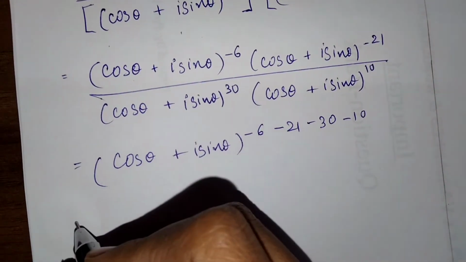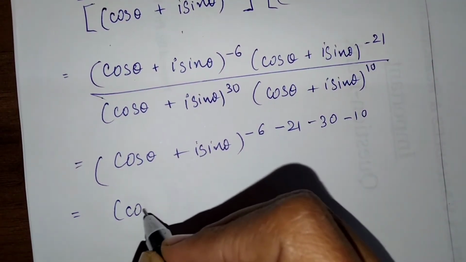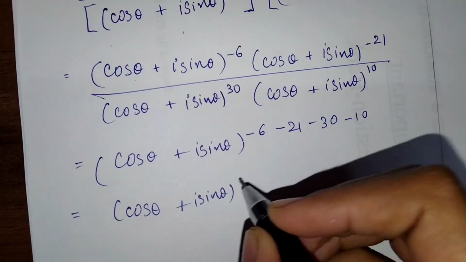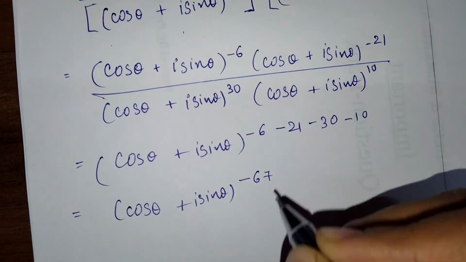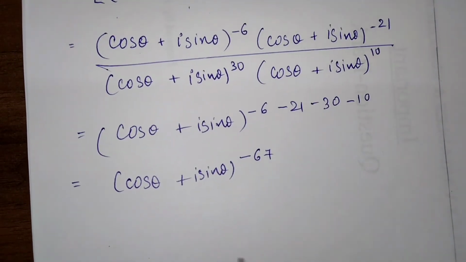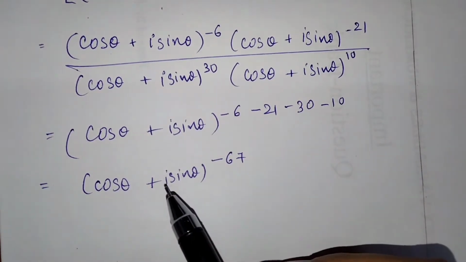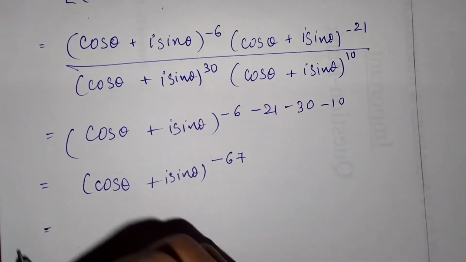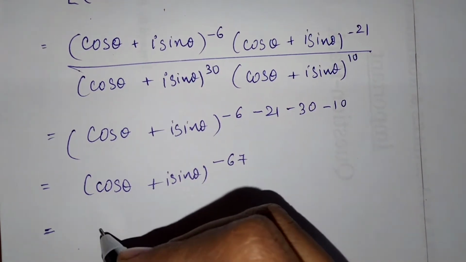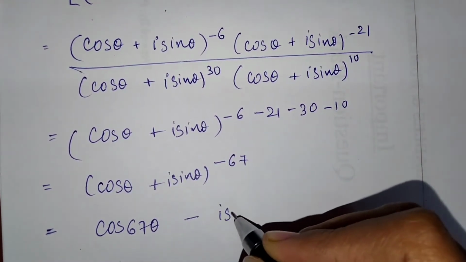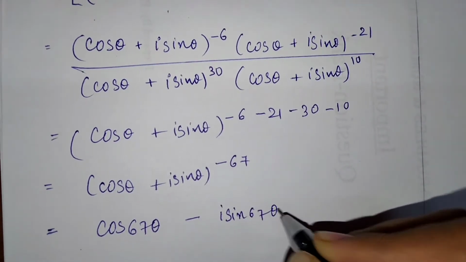So that is equivalent to (cos theta plus i sin theta) raised to, if you solve it, minus 67. So we got this term, and now according to De Moivre's theorem, we can again convert this equation as cos 67 theta minus i sin 67 theta.